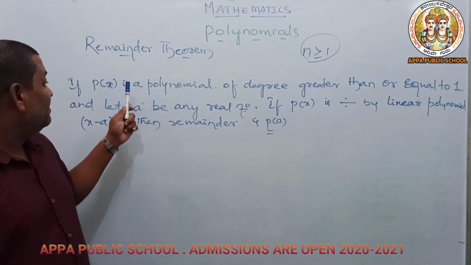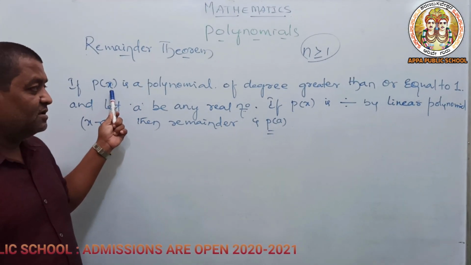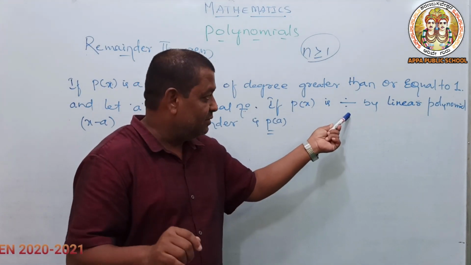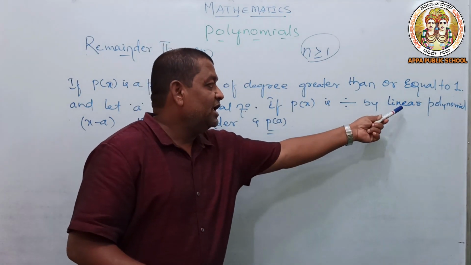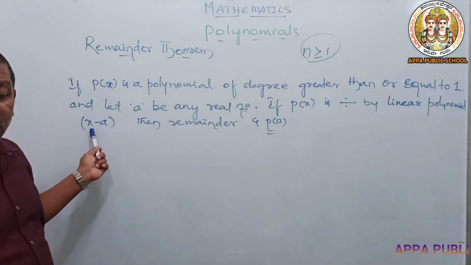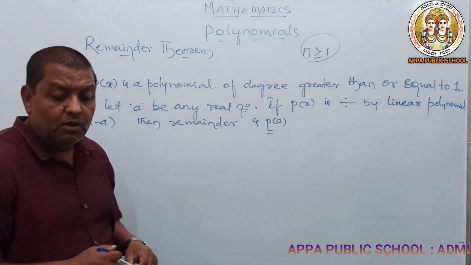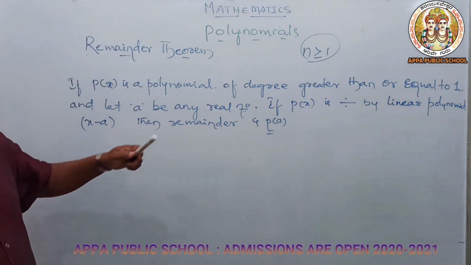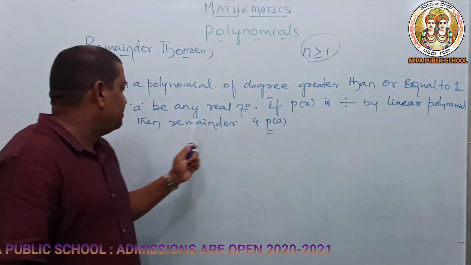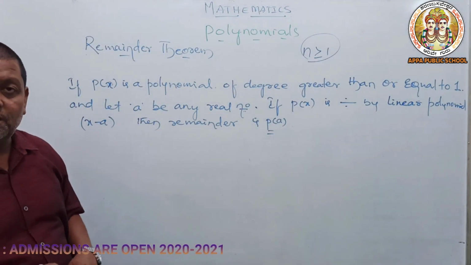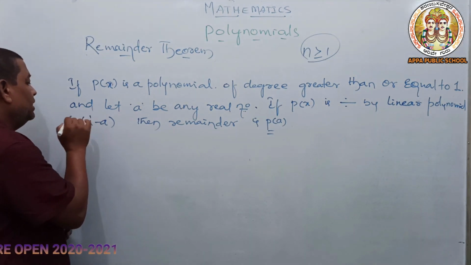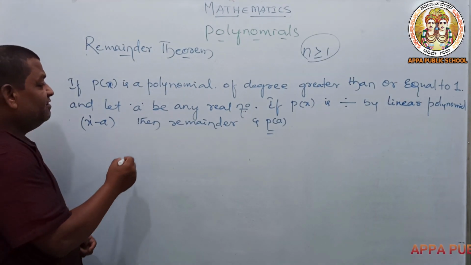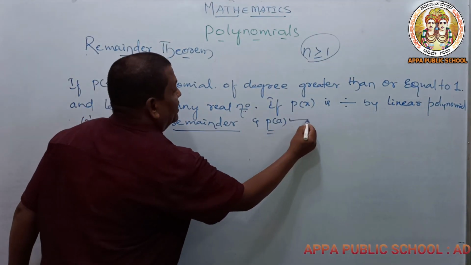Now if the polynomial p of x is divided by the linear polynomial x minus a, definitely a polynomial is divided by another polynomial only. Linear polynomial means power 1. This is important. Then the remainder is p of a.